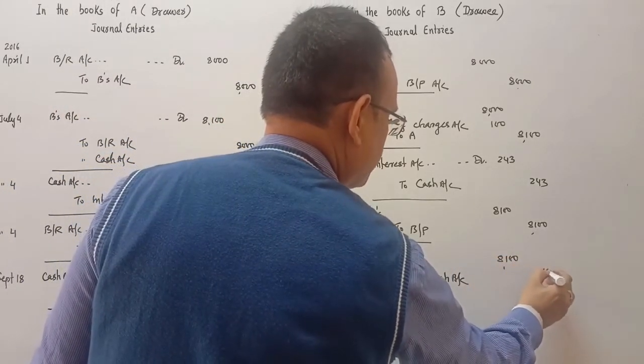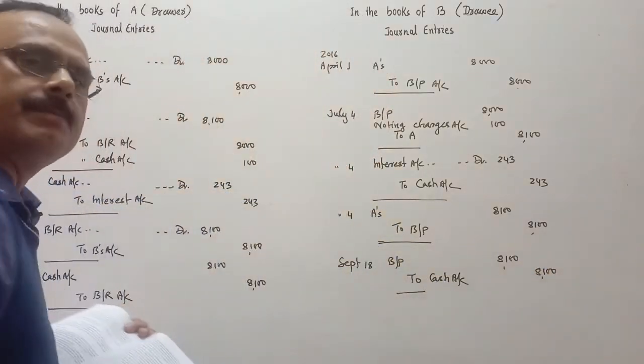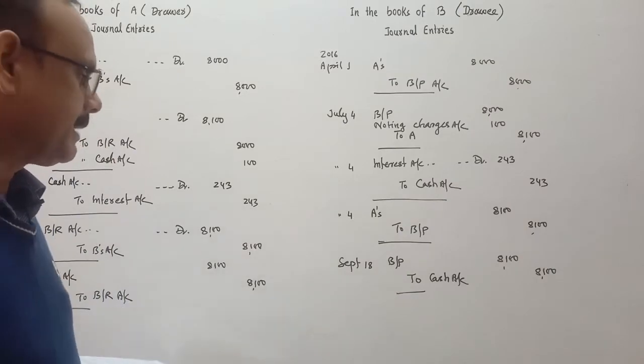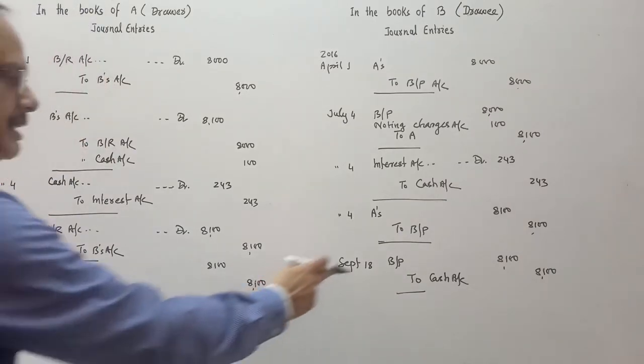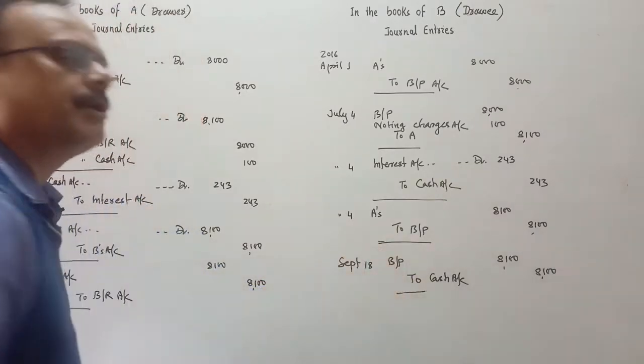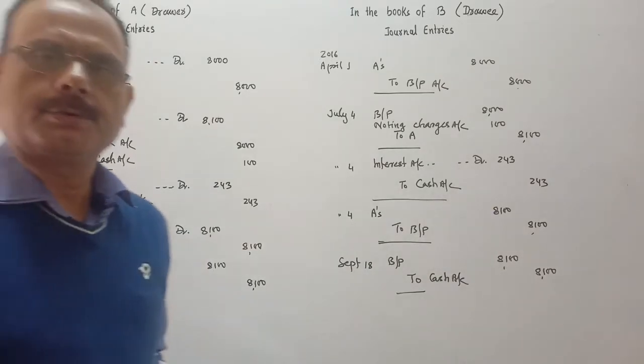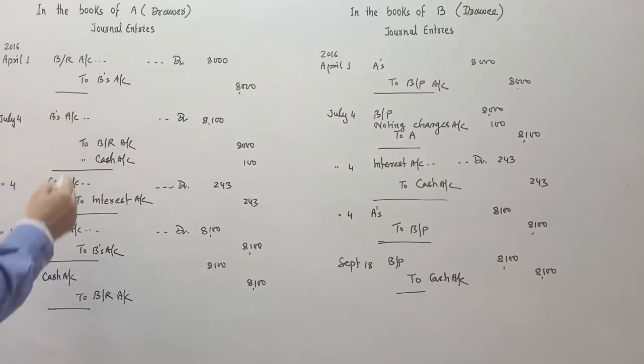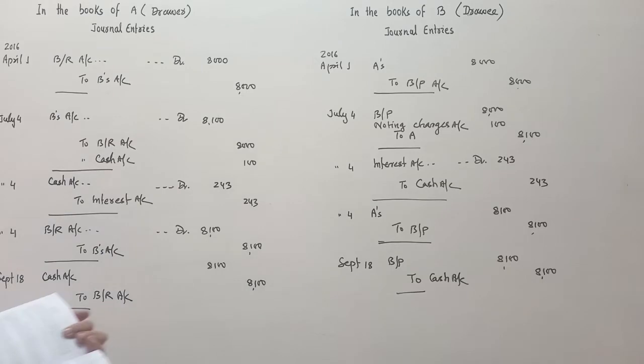He has honored the bill on the due date. Second bill is duly honored by the drawee. So he will do the entry on September 18: bills payable account debit to cash account or to bank account. Okay. So these entries are clear. There are 4, 5 entries here, and that side is also 5 entries.